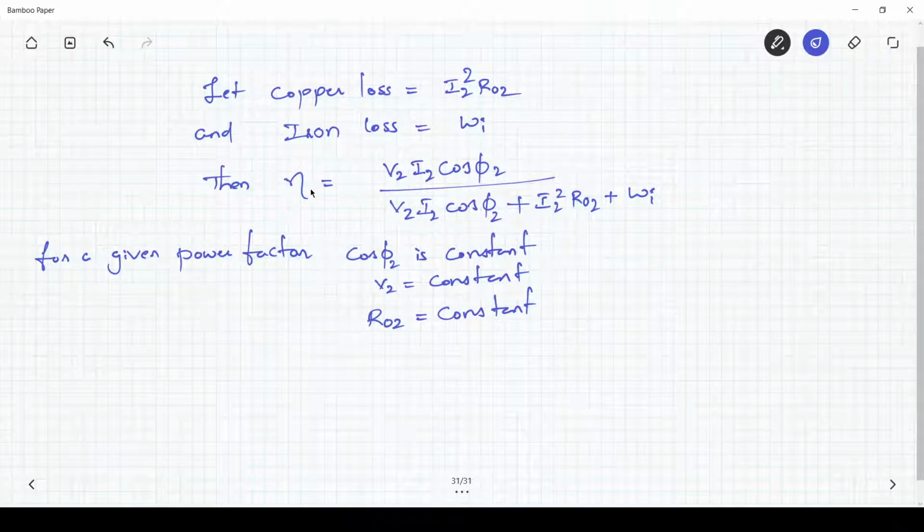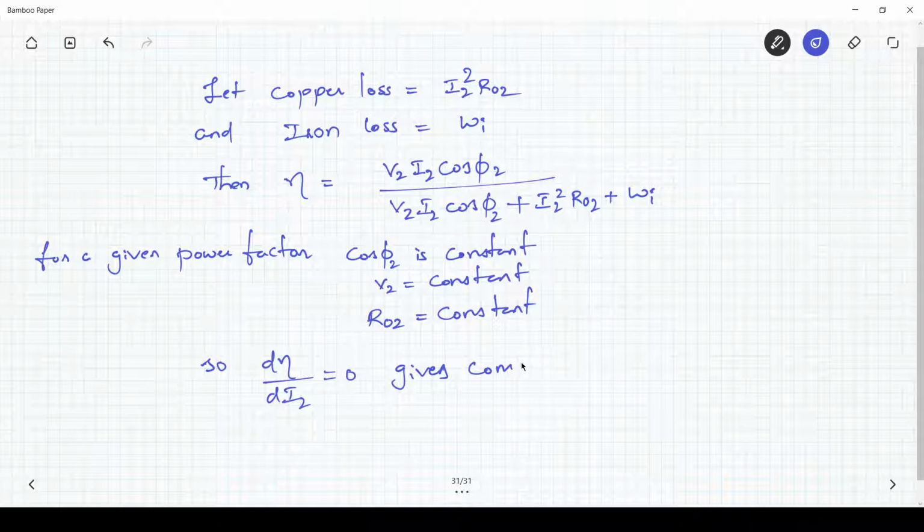So I can differentiate this efficiency equation with respect to I2 and equate it to 0. Then I will get the condition for maximum efficiency. So d eta by dI2 equal to 0 gives the condition for maximum efficiency.